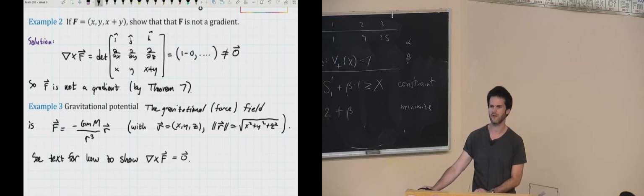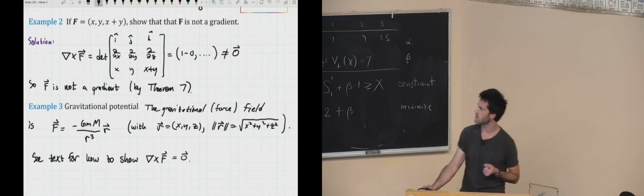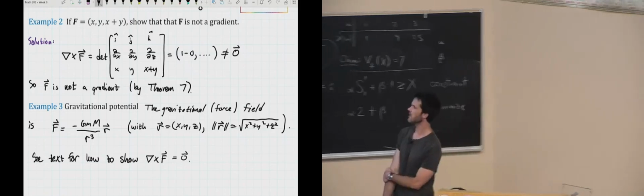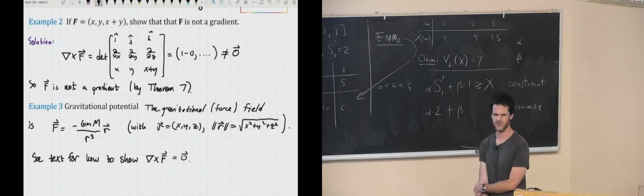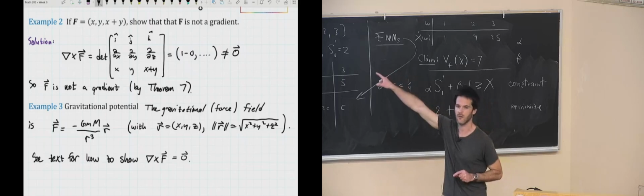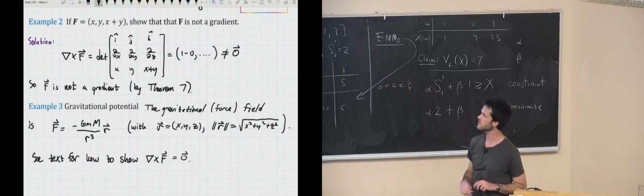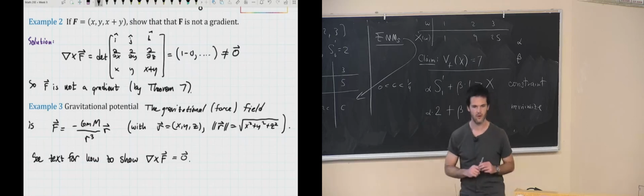But wait, can we still apply the theorem? This force field has a singularity at the origin. It blows up when r is equal to 0. There was something in the theorem about being C1, but this function is not C1 at the origin. Can we still apply the theorem to this field? Yeah, Mike?